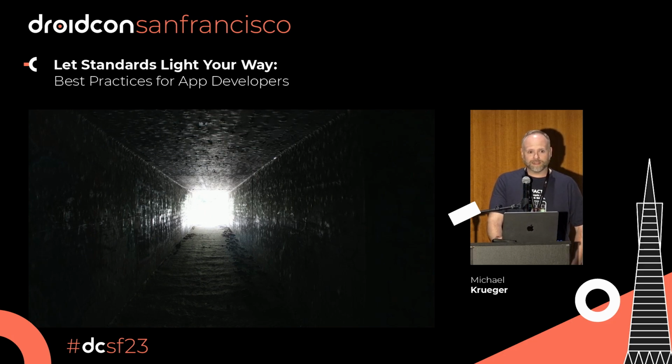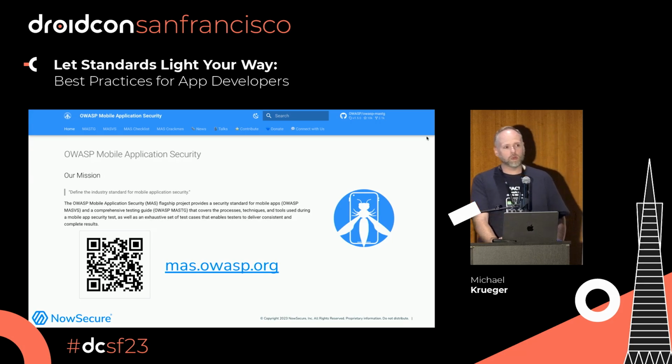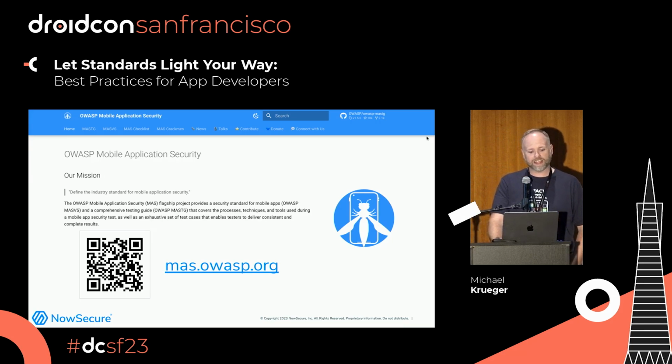But there is a light at the end of the tunnel. Let's talk about OWASP. The Open Web Application Security Project has a mobile-specific application security project. This flagship project is 100% geared towards an industry collaboration of securing mobile applications. Now, you see security a lot throughout this.